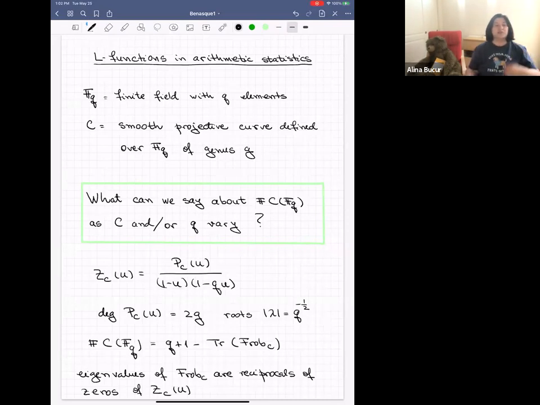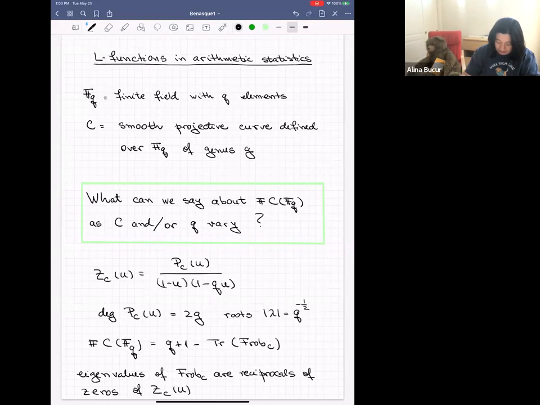Of course the story actually predates all of us, because you couldn't really do anything if you didn't have the Weil conjectures and the zeta function of the curves, which Weil proved for us, namely the fact that you can associate to this curve a zeta function.